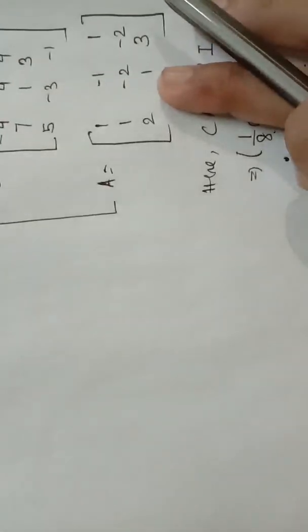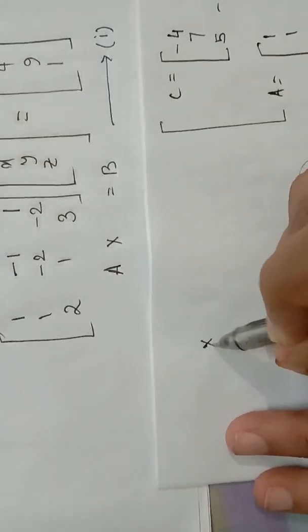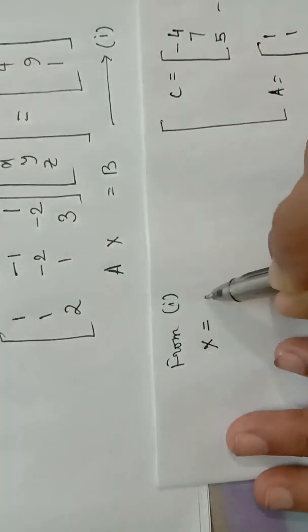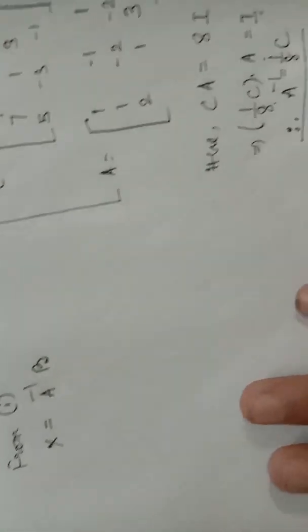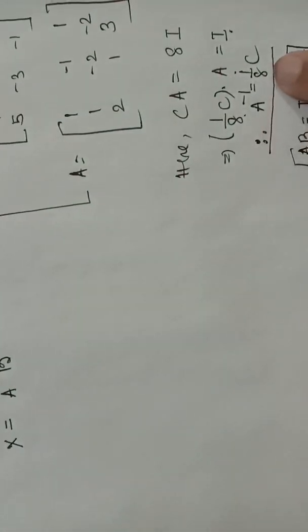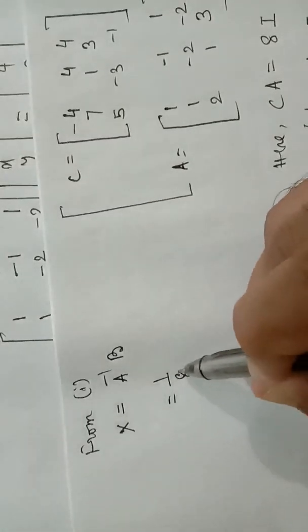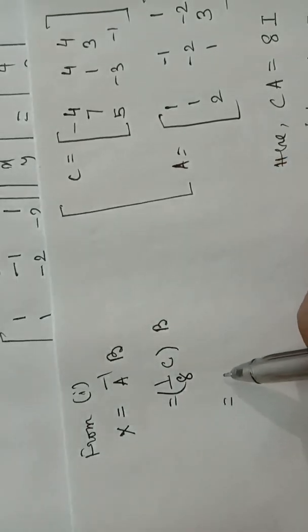Let us use this here in solving this equation. You see, Ax equal to B. So we can write x equal to A inverse of B. Now we know A inverse equal to 1 by 8 into C, so x equals 1 by 8 into C into B. What is 1 by 8 into C?